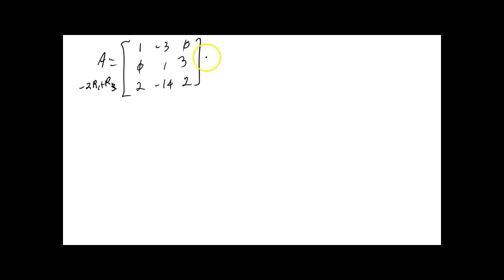Okay, so we're using the first row, so write it down, 1, negative 3, 0. Row 2 was fine, so we leave it alone, 0, 1, 3. And the new row 3 is, and that, by the way, is a 10, not a 14.